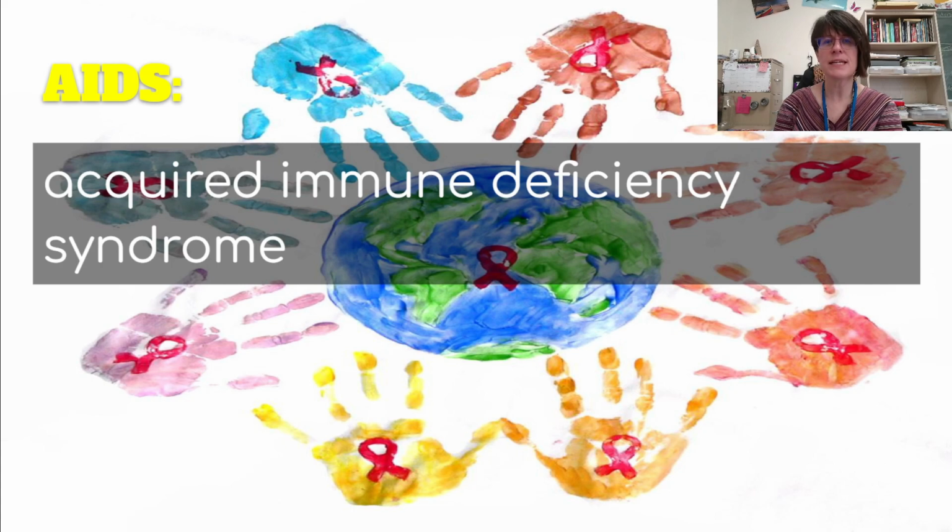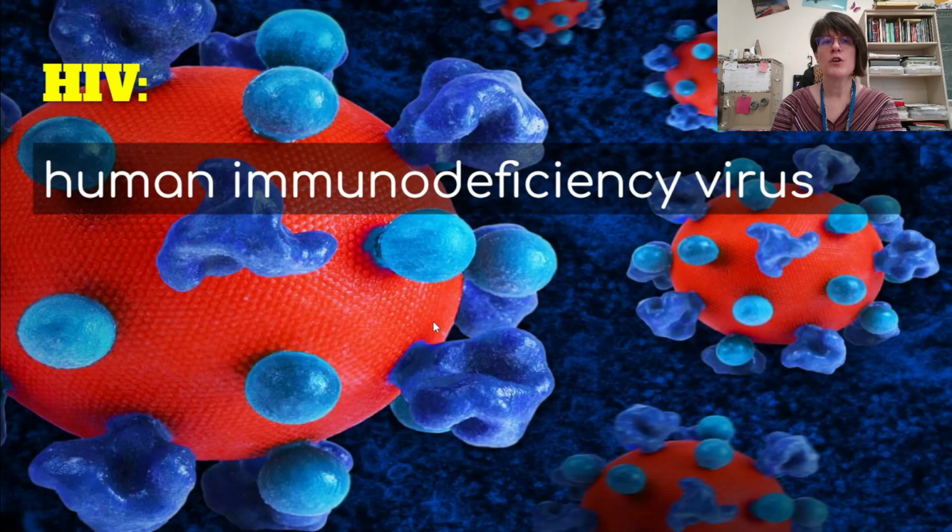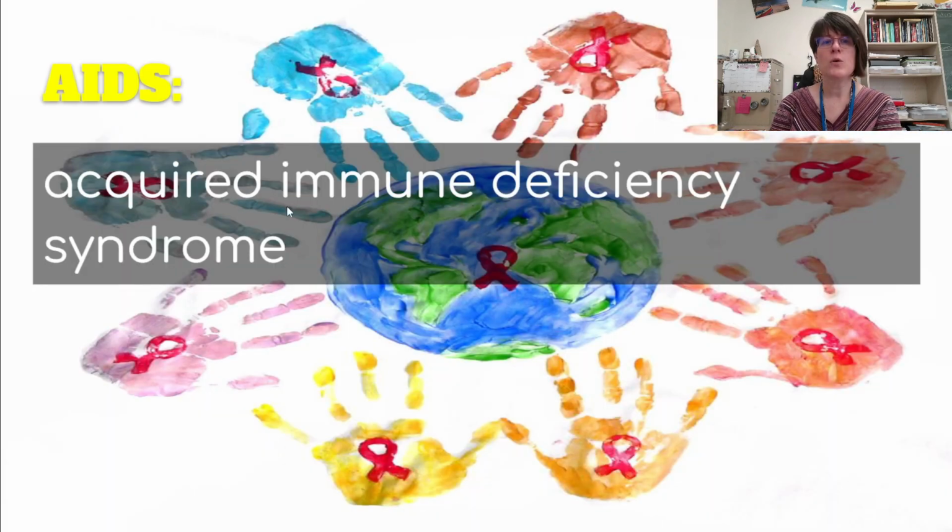Taking a look at these words, human immunodeficiency virus is a virus that is causing your immune system to not work properly. Acquired immune deficiency syndrome means that you got it from somewhere else, and you got it from HIV, the virus.